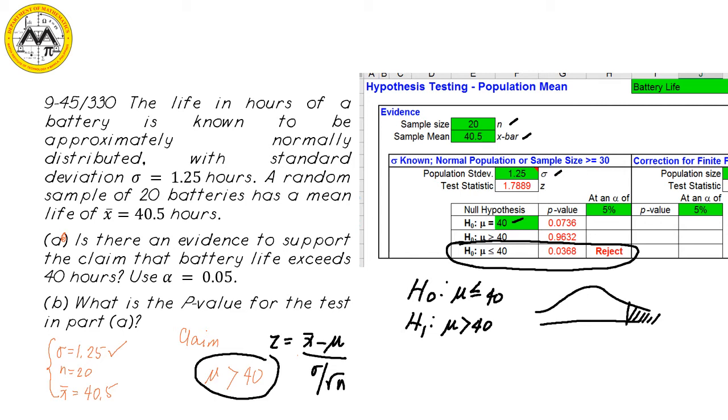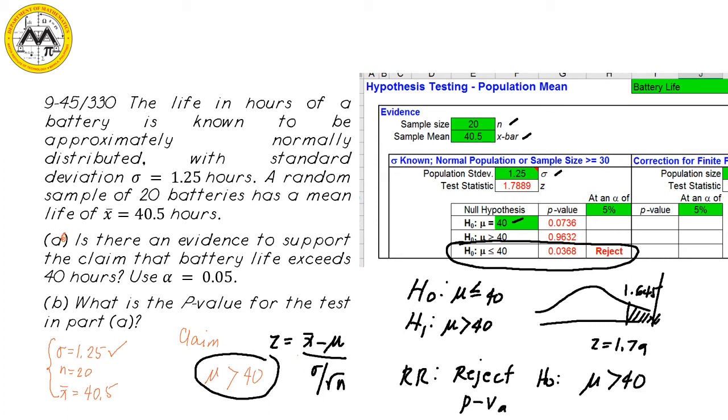The test statistic would be z equal to 1.79, and if we use 5%, the critical value is 1.645. So it is located here in the rejection region. Since the computed value is 1.789, which is greater than 1.645, the decision is to reject the null hypothesis. We reject H0, so mu is indeed greater than 40.